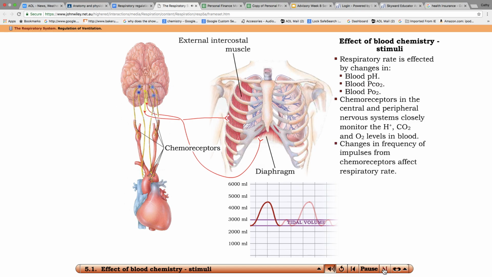So you have chemical receptors in your nervous system that monitor specifically hydrogen and CO2. The reason for that is hydrogen levels will change my blood pH. And remember, blood pH can only be between 7.35 and 7.45. So changes in my respiratory rate can affect my blood pH. So they're going to monitor all of those to monitor your respiratory rate.